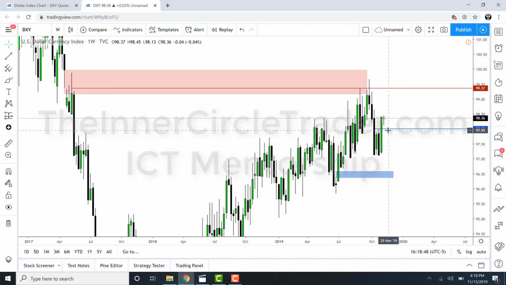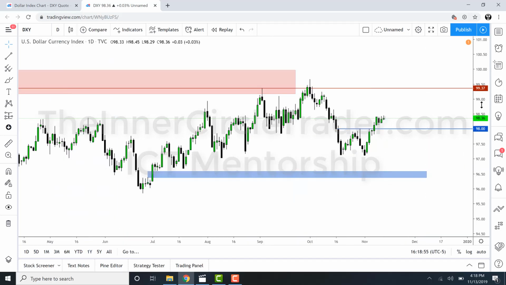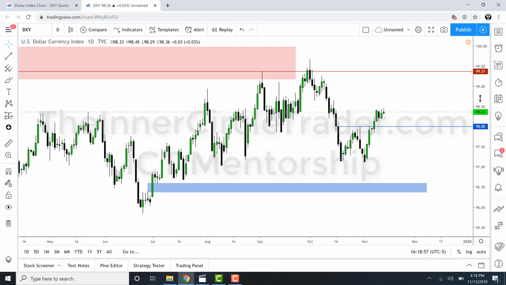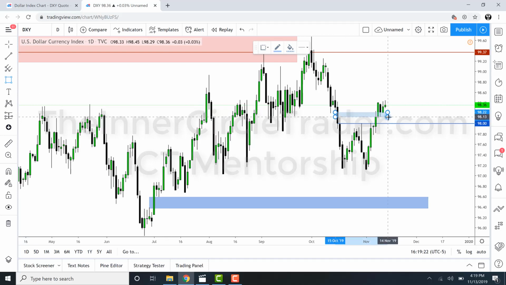Now we are in a trapped formation in price action where I gave you a couple different things to look at. We had this fair value gap. We traded through it. I said if we trade back down into that, that could act as support. That's this right here.